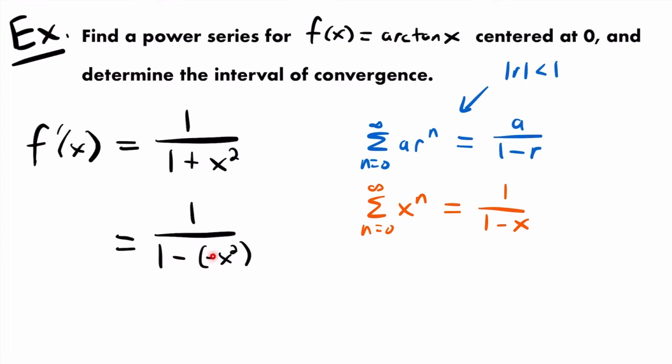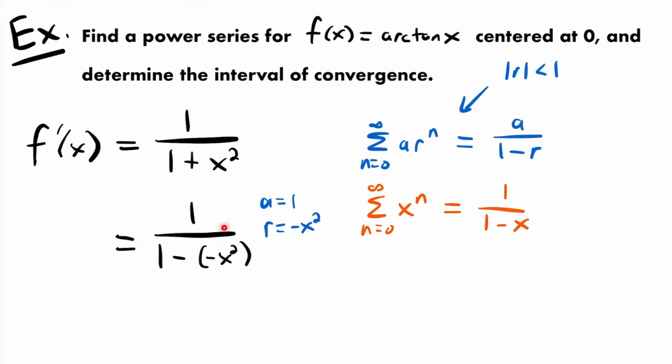Because when you subtract a negative value, that's the same as adding it. So 1 minus negative x squared is the same as 1 plus x squared. And so now our derivative is in the form of the sum of a geometric series. We have a constant divided by 1 minus a common ratio. And that common ratio involves x. That's typically what you want to have. All right, and so a is equal to 1 and r is equal to negative x squared.